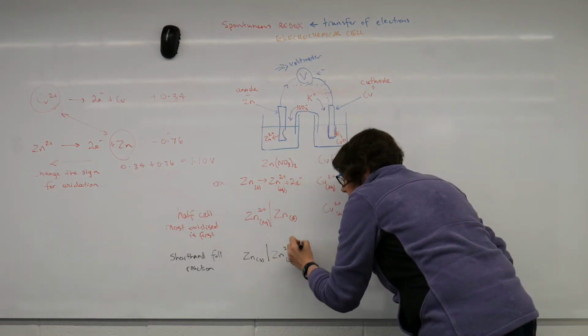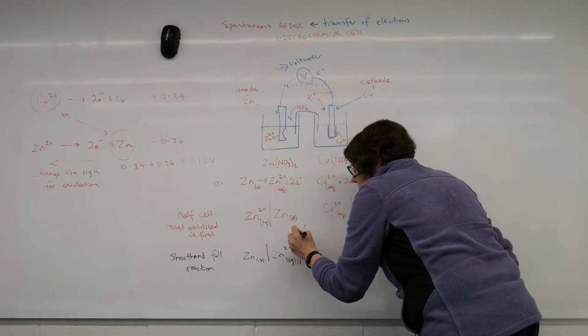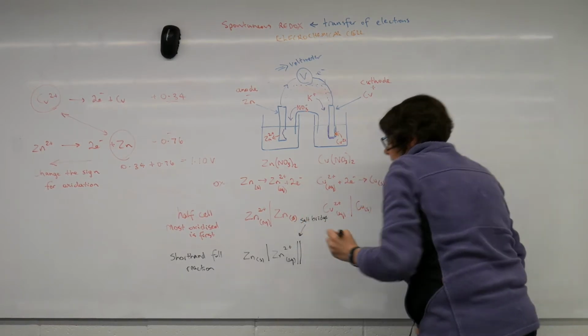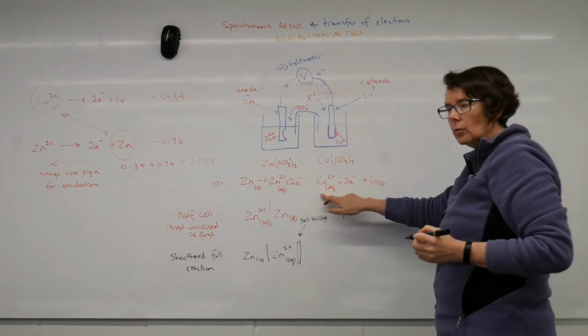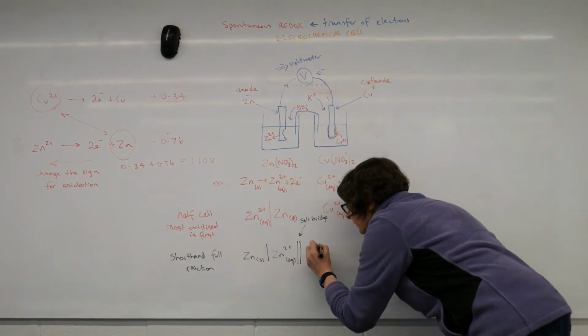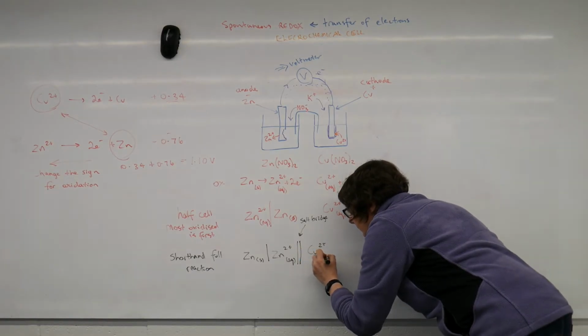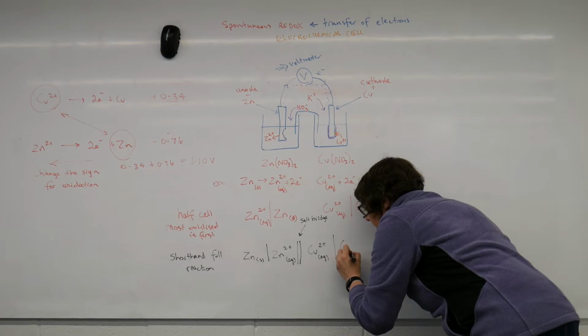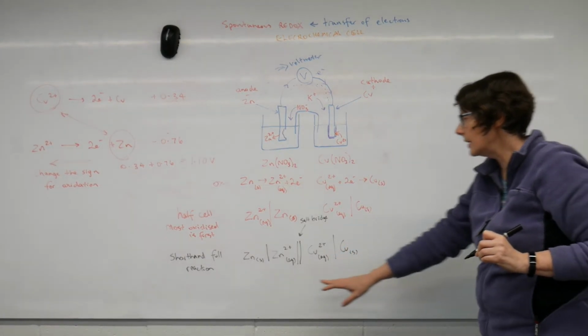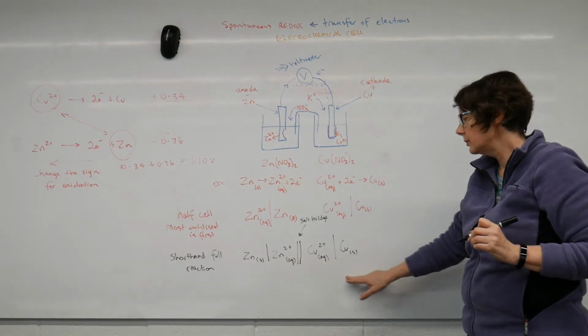A double line here represents the salt bridge. And then we see what's happening next, and that is that the Cu2+ is being reduced to copper. Okay, so we're basically writing it left to right.